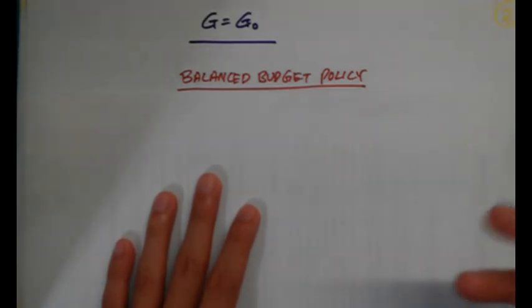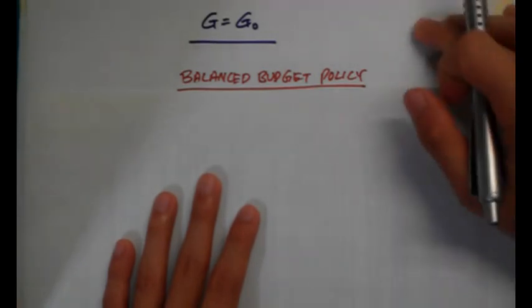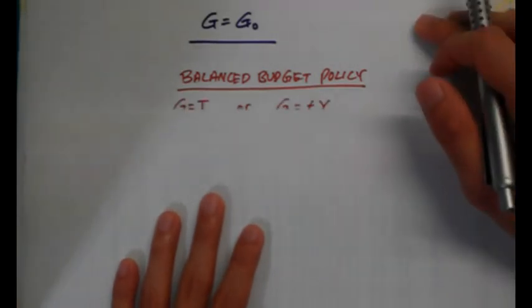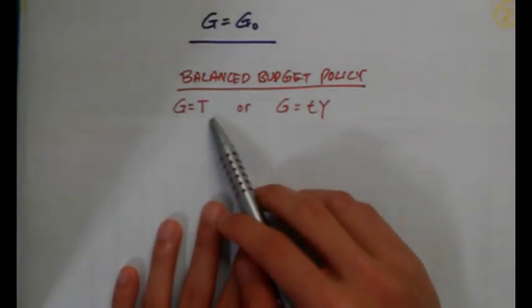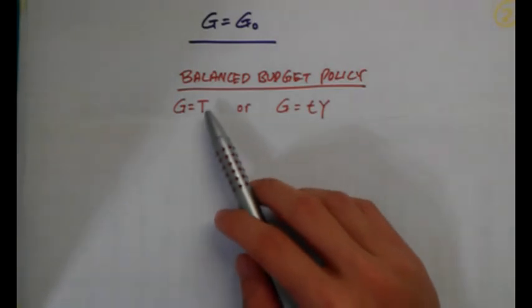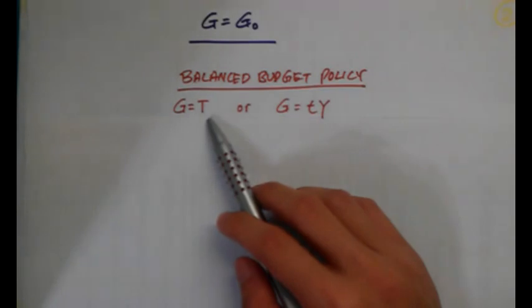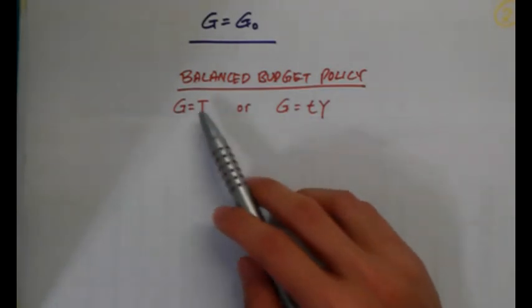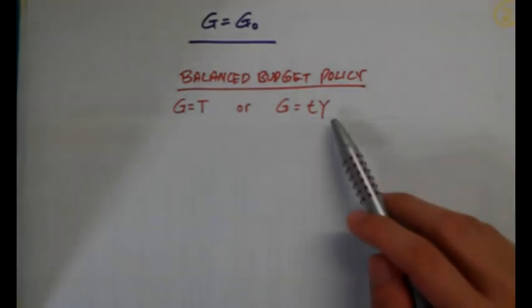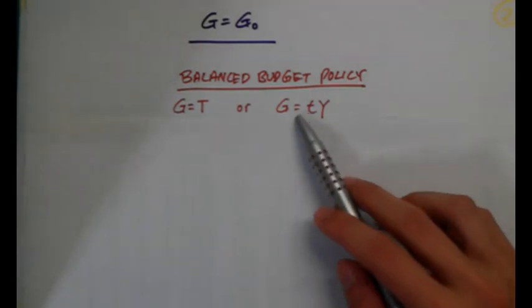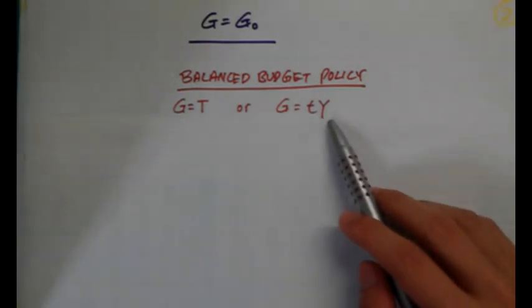So my revenue equals my expense, and at the end of the day, my net profit is 0. That is when my government spending equals my taxes. It makes sense, because taxes are the tax revenue that the government collects, and the government spends all of that, so G equals T. Or in the case of a proportional tax, G equals small t times Y.